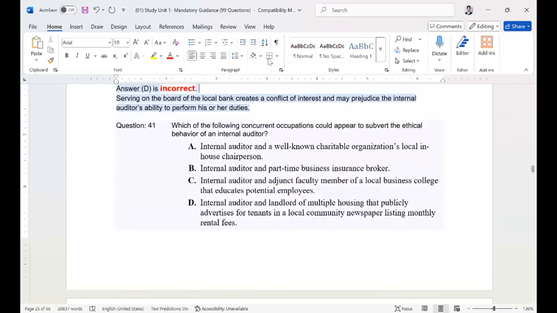Which of the following concurrent occupations could appear to subvert the ethical behavior of an internal auditor?